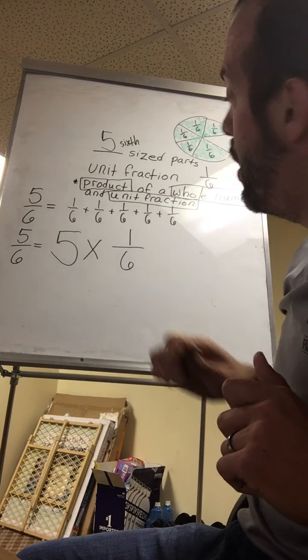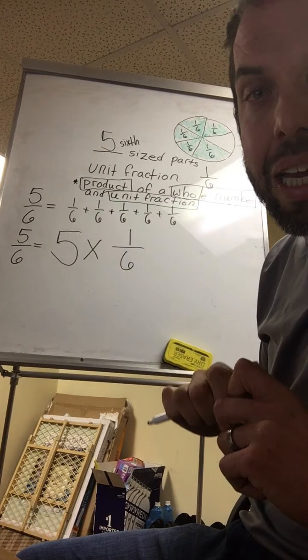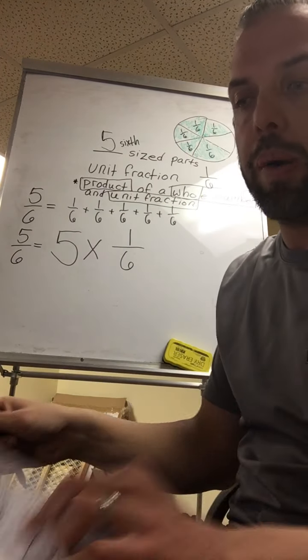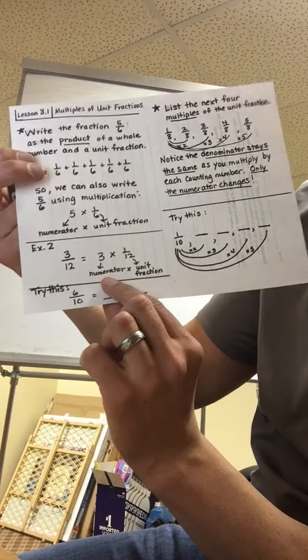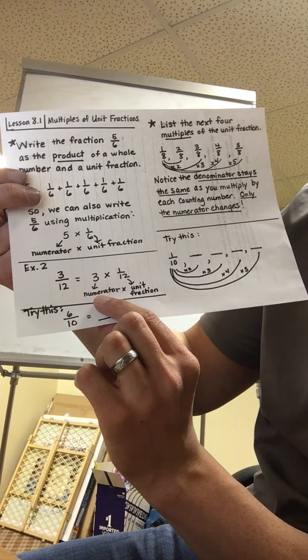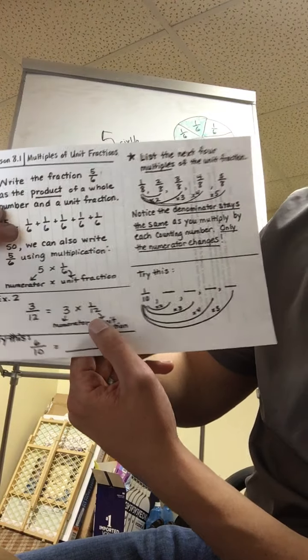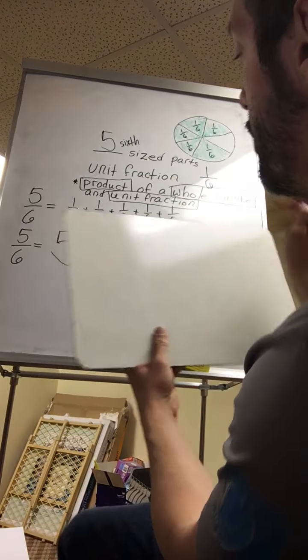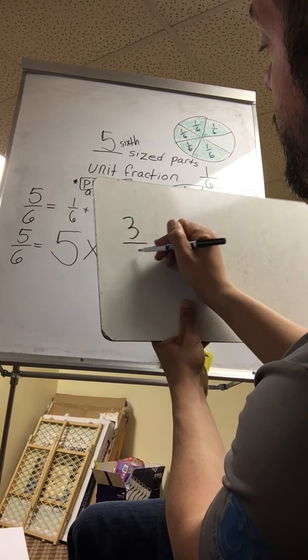Okay? So you're going to see that today in the 3 problems that you're going to have to answer. There is another one at the bottom of your notes that we're going to fill in right now. So example number 2 says 3/12. So we could write that as, get my slate. If they wanted it as, this is awkward doing it this way. Turn it around.